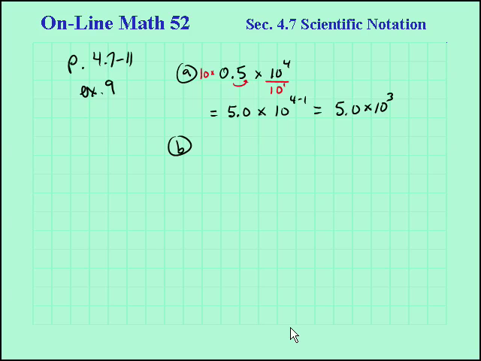Here's part B, 0.37 times 10 to the 8th. We've got to adjust it. We want the decimal point to be right here. To get it there, we have to multiply by how much? It's too small. We've got to multiply to make it large enough, because 0.37 is a small number. We want to make it larger, the coefficient.